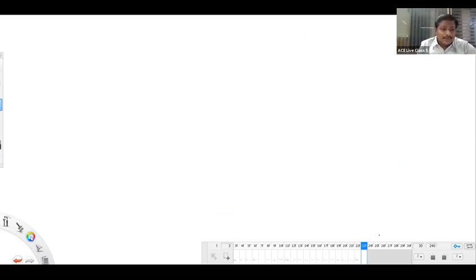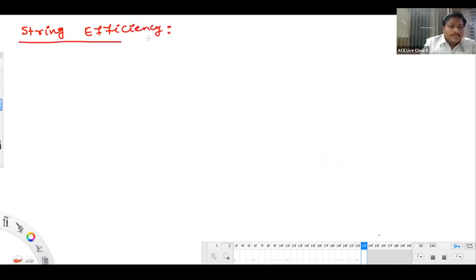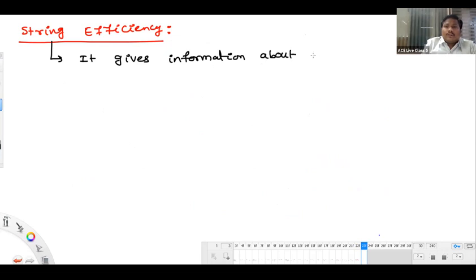Okay, so the next heading I am going to take here is string efficiency. Observe here. Significance of it, what it is going to tell. It gives information about uniformity in the potential distribution across the string.